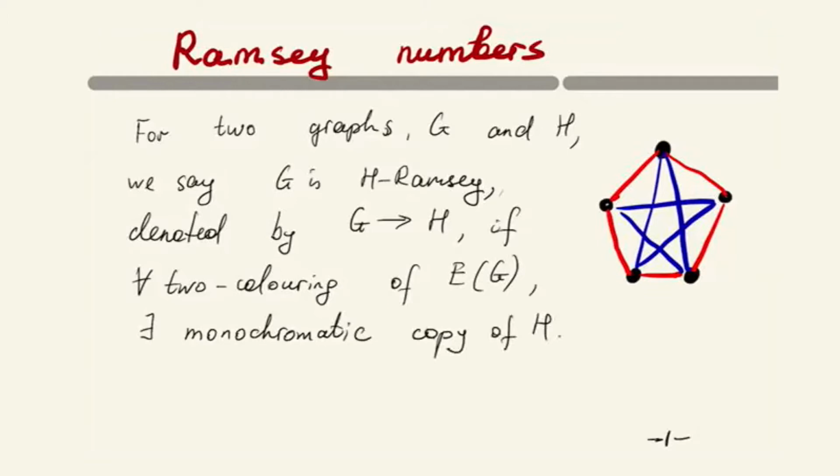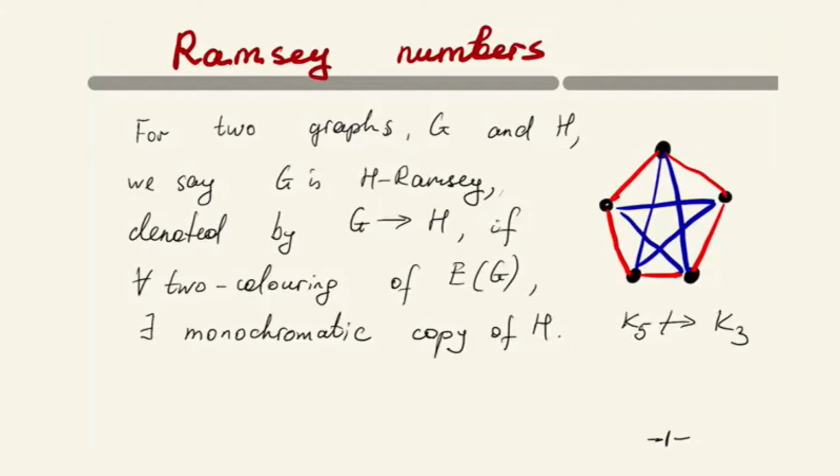For example, this picture here is a classic example which we see in the first combinatorics course. It shows that K5 is not Ramsey for K3, because there exists a two-coloring of the edges of the complete graph on 5 vertices such that there's no monochromatic triangle.